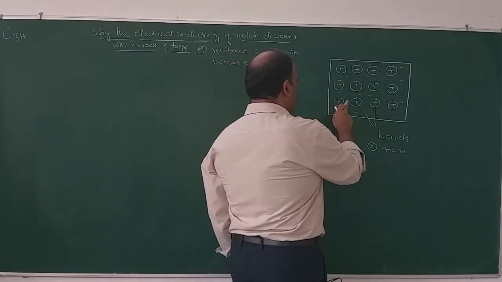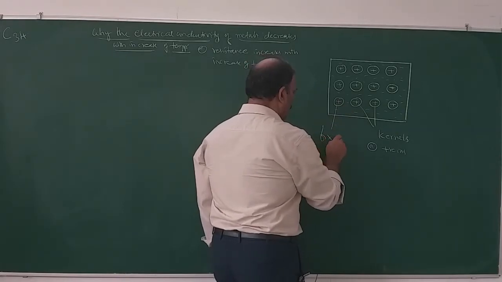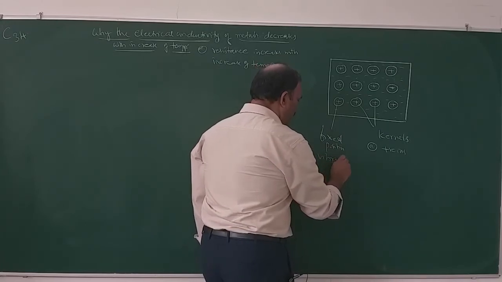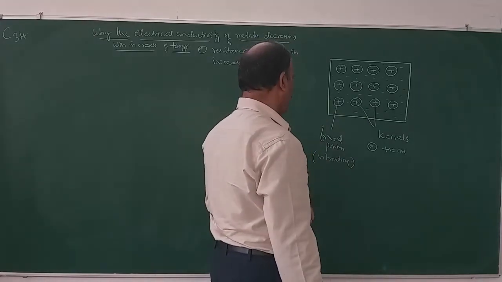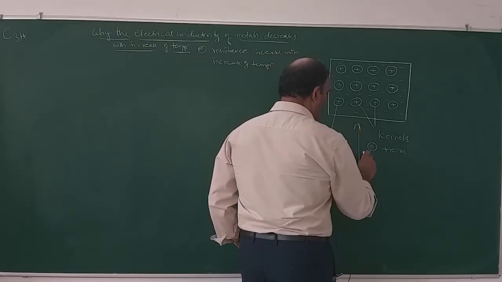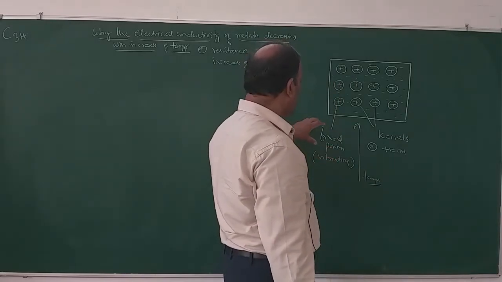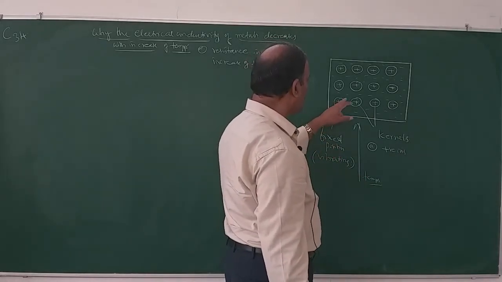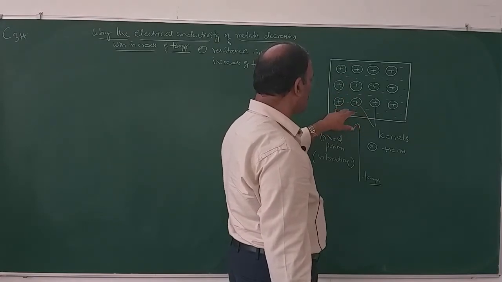So these positively charged ions or kernels are in fixed position, and they are vibrating in their fixed position. When the temperature is increased, the vibration of the kernels increases, which hinders the free movement of the electrons.